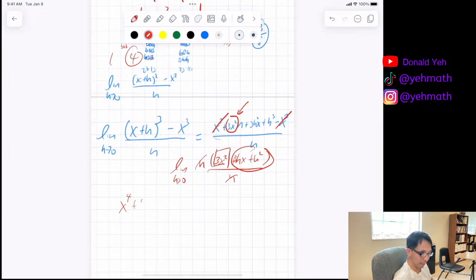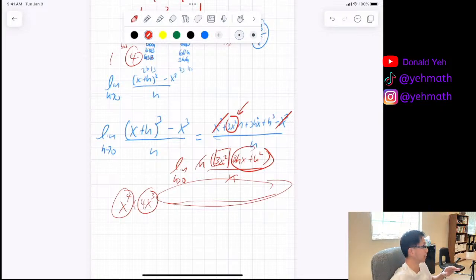So even if I have x to the 4th power, it doesn't matter. This one is going to be 4x to the 3rd power. When you take the derivative of x to the 4th, it's always 4x to the 3rd. It doesn't matter what terms come after that, because those terms always cancel out or go to 0 as h approaches 0. The only thing that matters is the second term of Pascal's triangle, and that's where the power comes from.